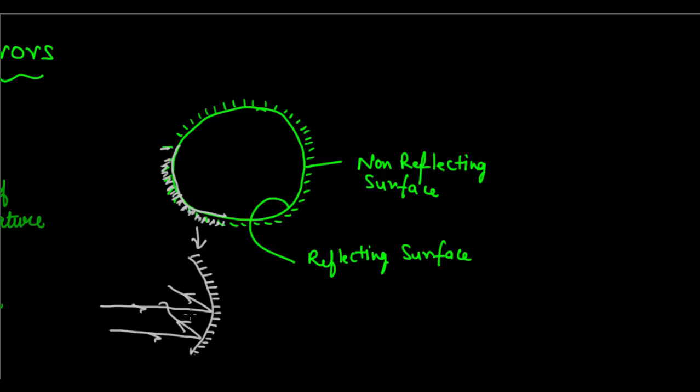This mirror, which is obtained from a sphere where the outer surface is non-reflecting and the inner surface is reflecting, is known as a concave mirror.